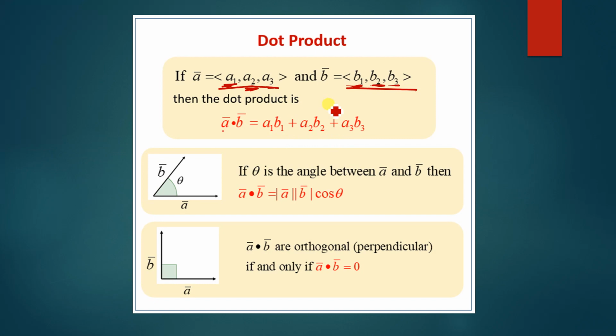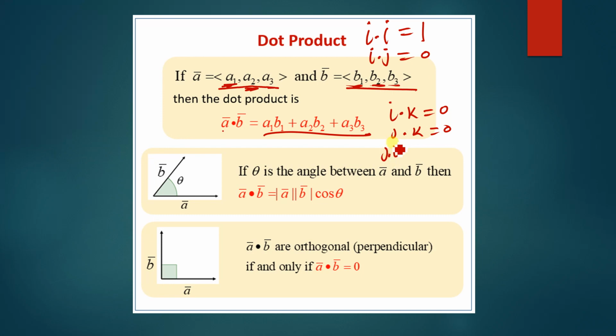Alright, so the dot product of these two vectors is given by this, and this is found by considering the rules of vectors, where you say i dot i is equal to 1, i dot j is equal to 0, i dot k is also equal to 0, j dot k is equal to 0, j dot i is equal to 0, k dot j is equal to 0, k dot k is equal to 1.